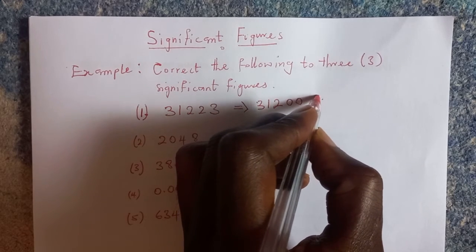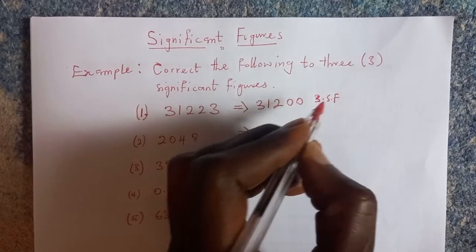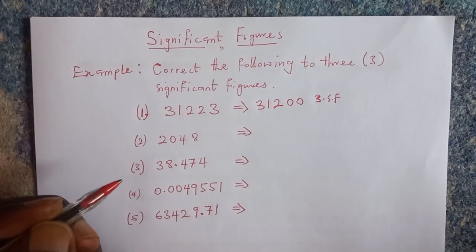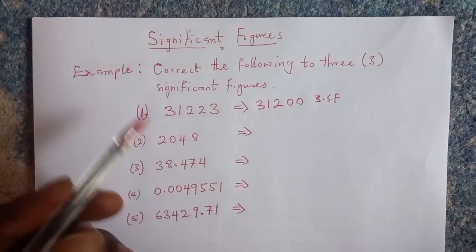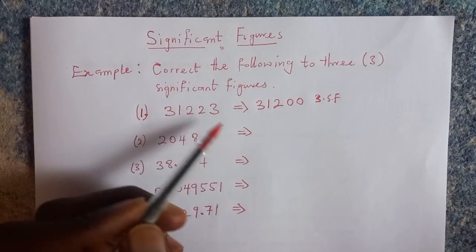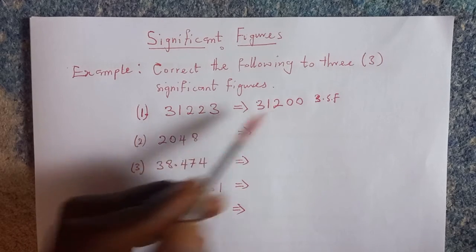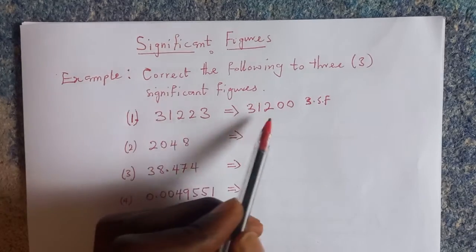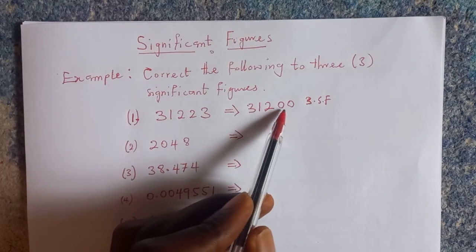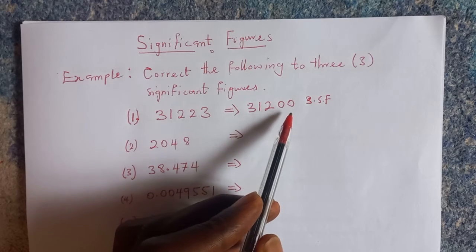This is to three significant figures. Now, one may ask, why did we replace the 2, 3 by 0, 0? We did so because we know that these zeros are not significant based on our definition.